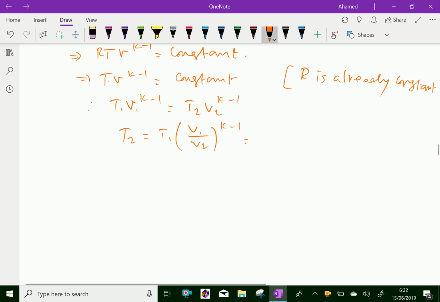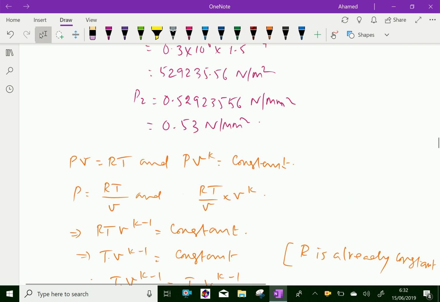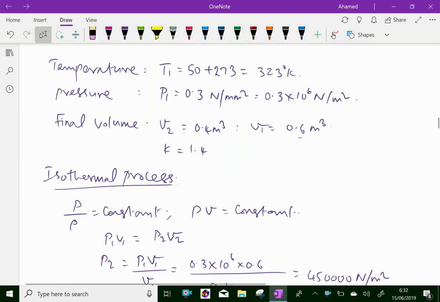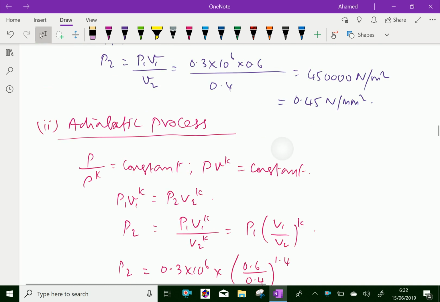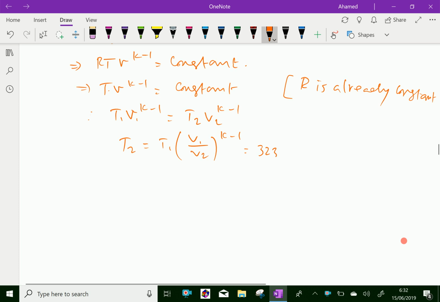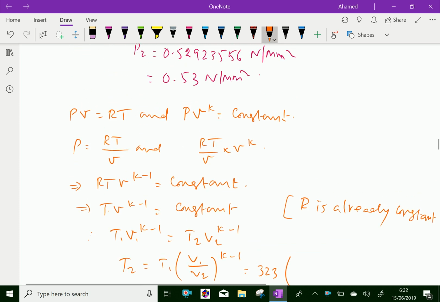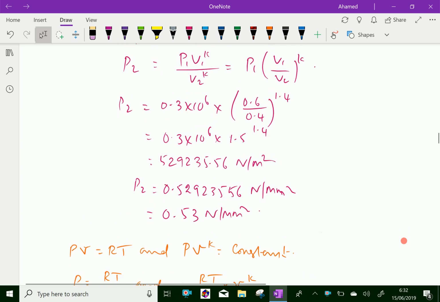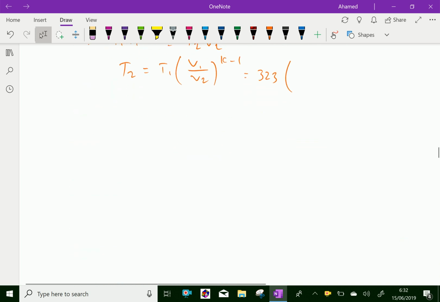Now, already the initial temperature we have, 323, which is equal 323 into V1 by V2, which is 1.5, power 1.4 minus 1. Now we'll calculate this.